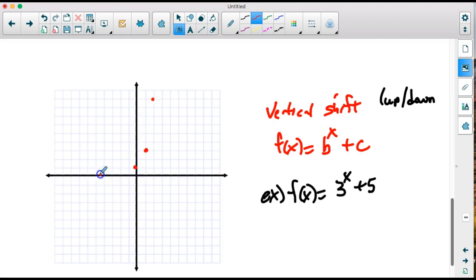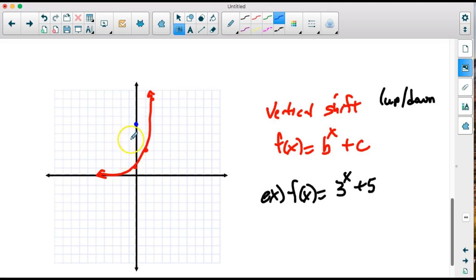So this is regular 3 to the x, approaches the axis here. Okay, this one right here with the 3 to the x plus 5, we shift this up 5, from 1 to 2, 3, 4, 5, 6. Shift it up to 6.